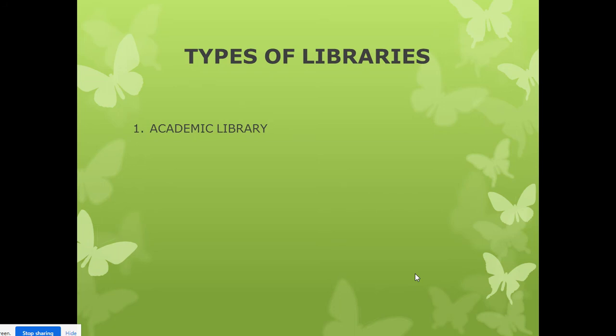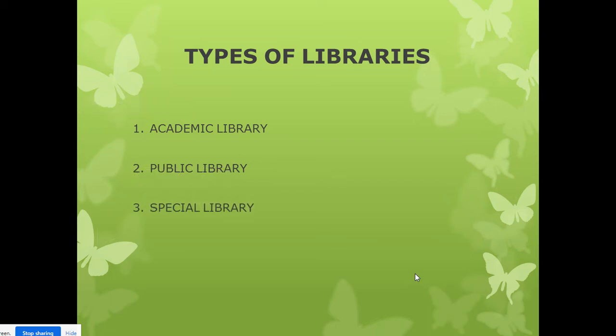An academic library is a library which belongs to or deals with institutes, for example school, college, or university, or any other educational institute. Another is the public library. A public library is a library which everyone can use.